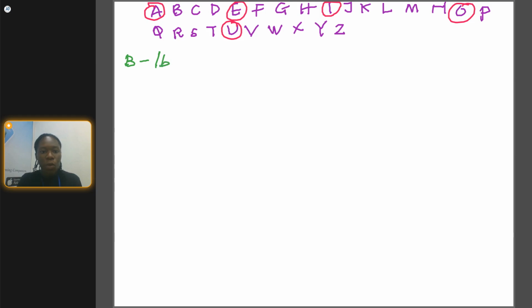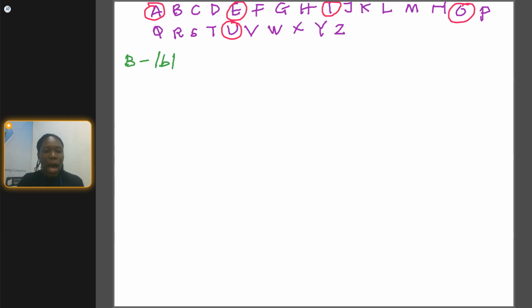You're already familiar with when you find a letter inside two slashes, it's showing that it's a sound, no longer a letter. So we have letter B and sound b. Letter B is practically giving us sound b.